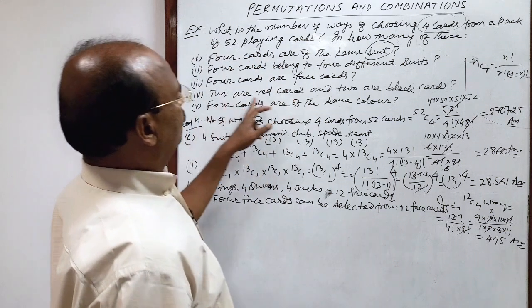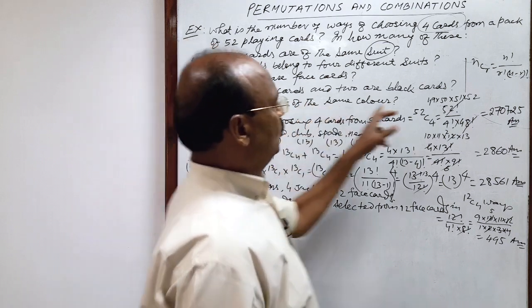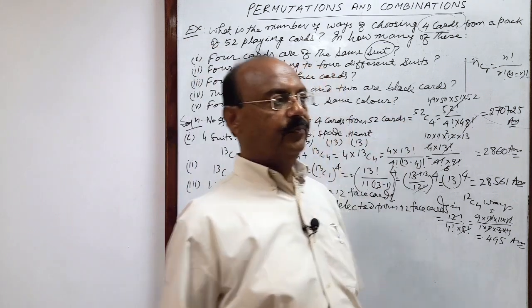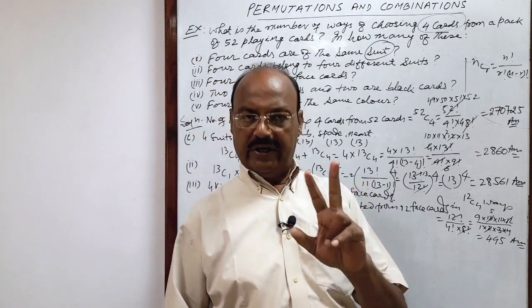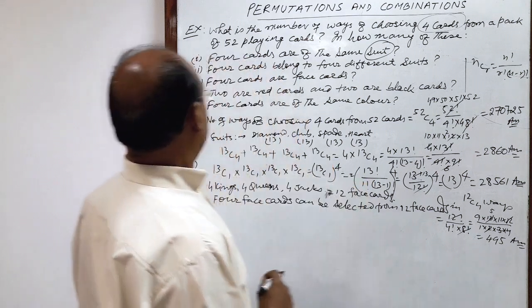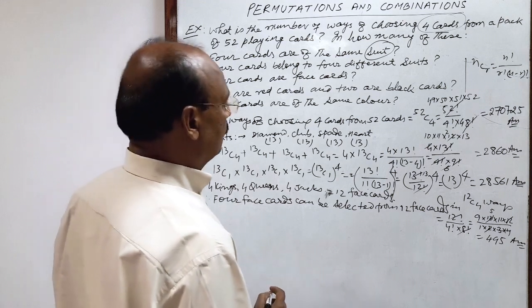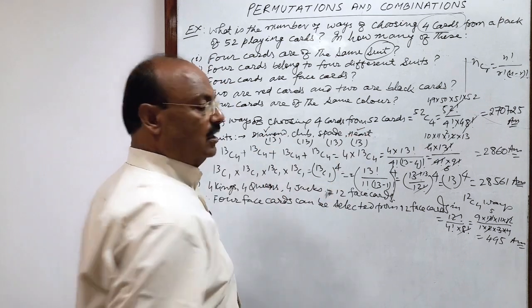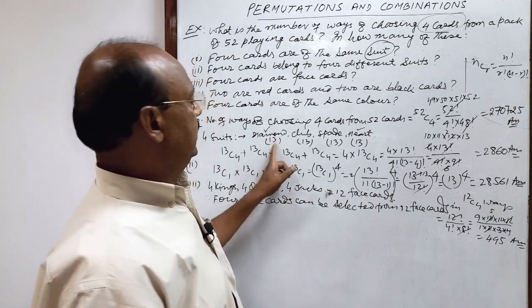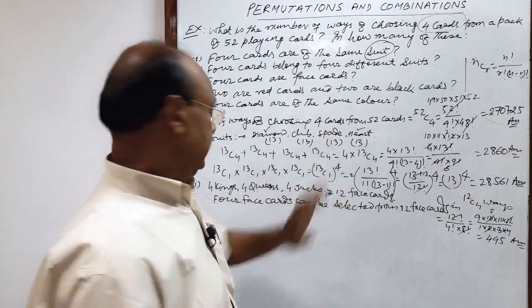4th. 2 are red cards and 2 are black cards. How many red cards are there in total? In total 26, because diamond and heart are red cards. So 13 plus 13 is 26.